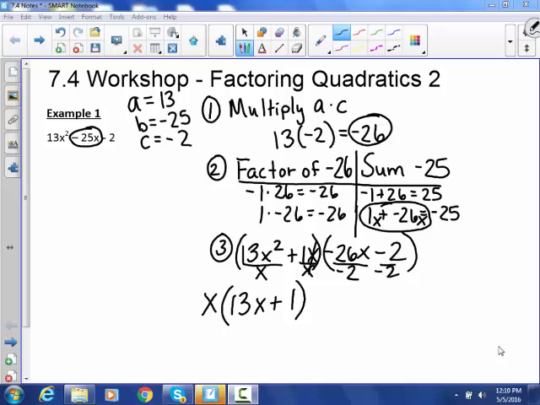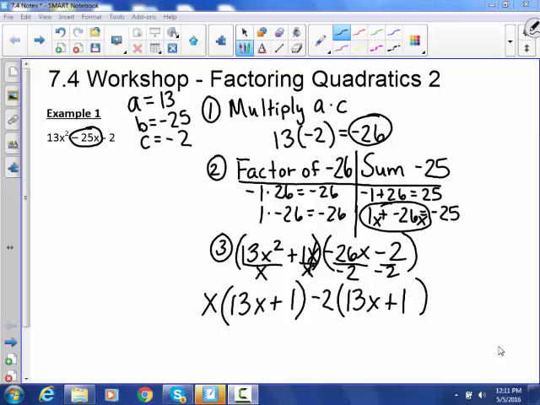Some of you that are just listening and not writing, I hope that you can just remember all this. Okay, so the negative 2 comes out front. That's what we divided by. Negative 26 divided by negative 2 is positive 13. Bring down the x. Negative 2 divided by negative 2 is positive 1.